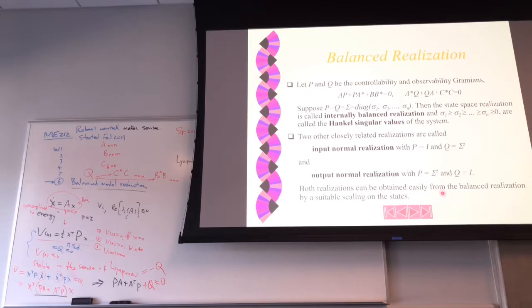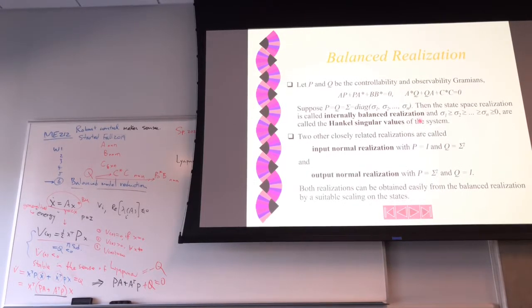And the P and the Q can be diagonalized, with sigma 1 through sigma n. This equal means they have a similarity transform, so it's all diagonal. And those diagonal sigmas are singular values, which have a special name in this context, called Hankel singular values. Okay, Hankel singular values. So that is what we call balanced realization, internally balanced realization.